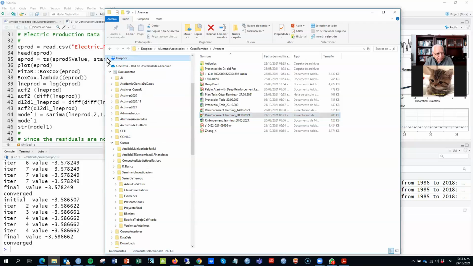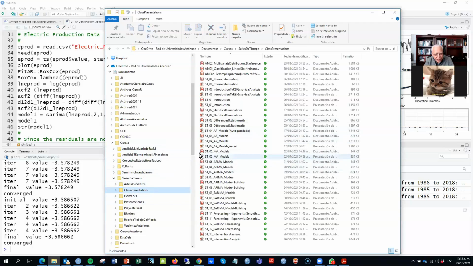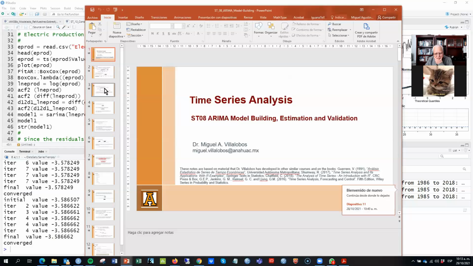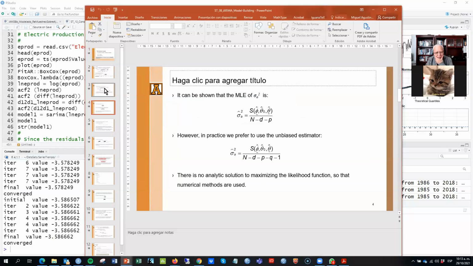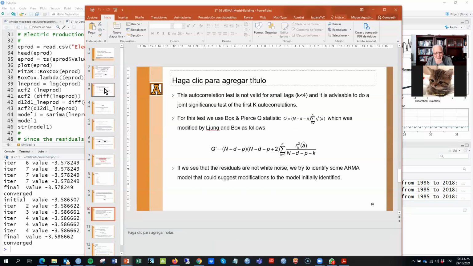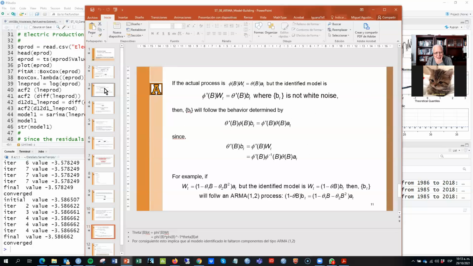Let me see here. It's number 8 in model building. Okay. Here we said if we fit the wrong model, it's around here. Let me see where it is. Okay, in slide 11.